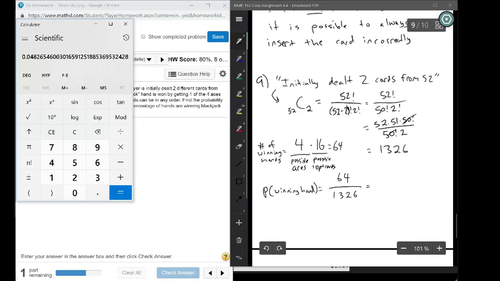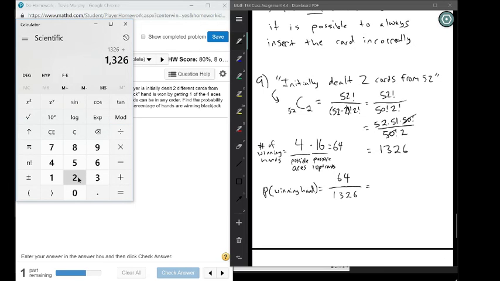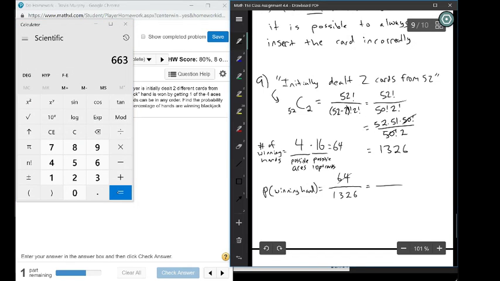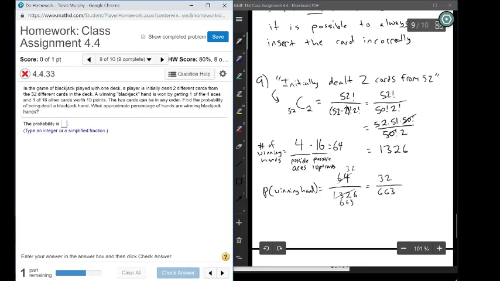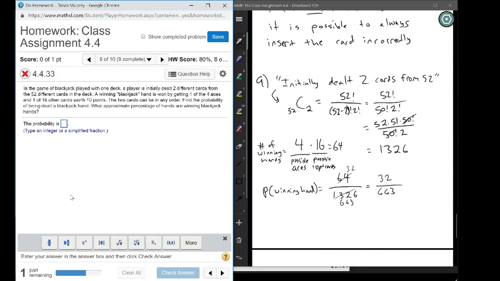So 2 will divide 1326, and 663. So cancel out factors of 2, left with 32 over 663. So the probability is 32 divided by 663.